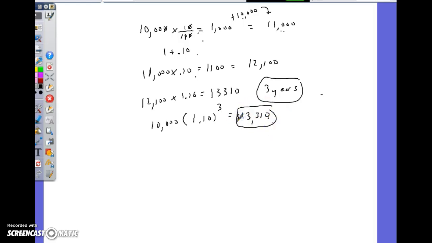Okay. The generalized formula would look like this. You take your original amount, which I'm going to call N naught. So it's my original amount. I'm going to take 1 plus my rate. Okay, that's the interest rate I'm getting. To the N. Nope, let's not use N. Let's use T. That'd be better because I have an N over there.